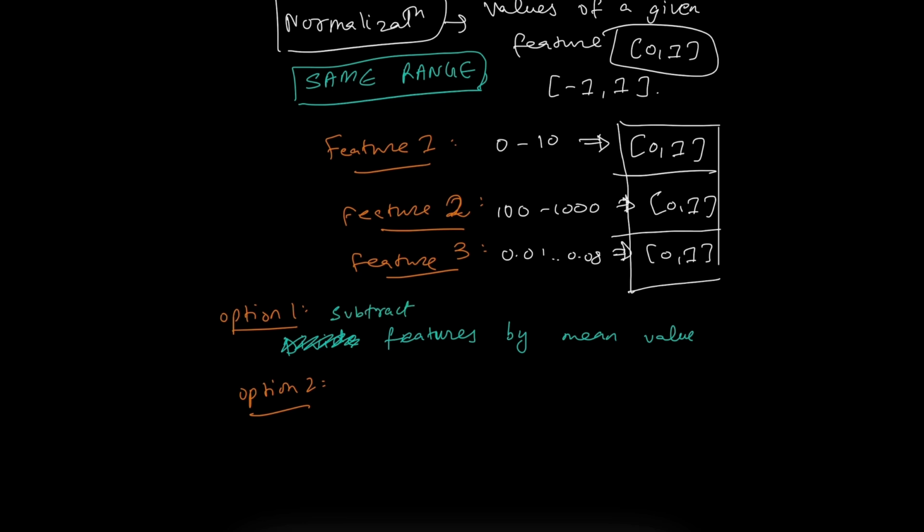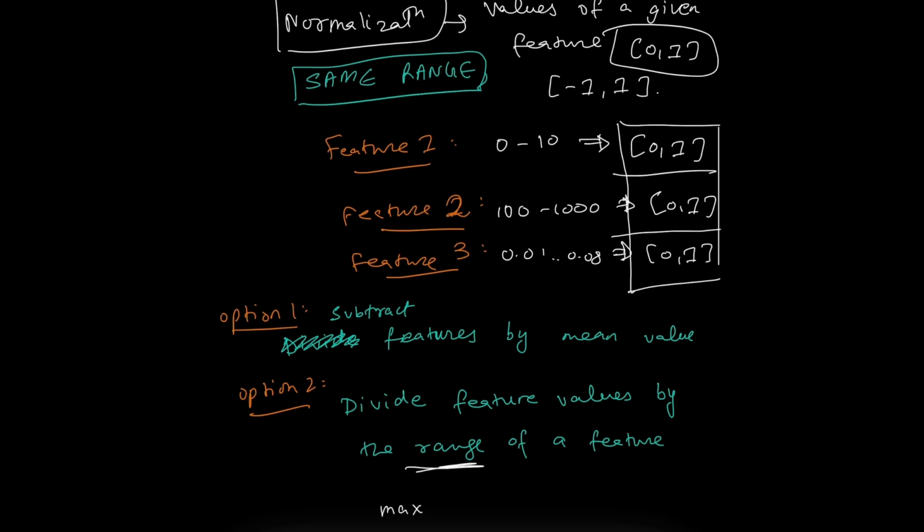And the second option is to divide feature values by the range of a feature. And what I mean by the range is basically its max value minus its min value. So this is the range of any feature.